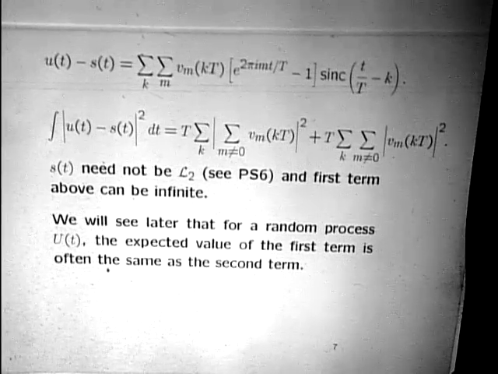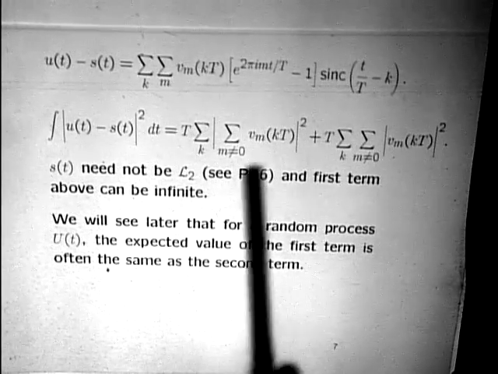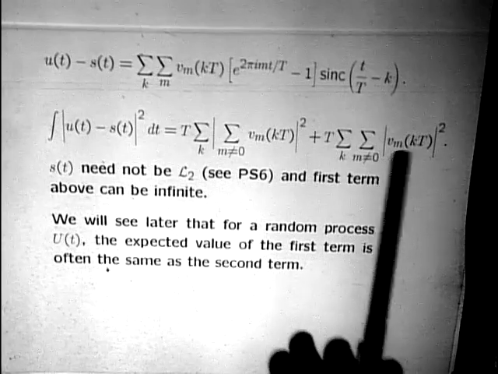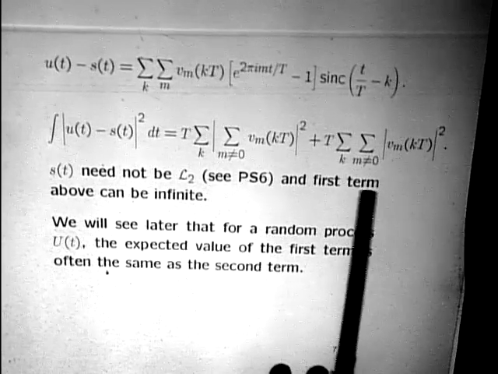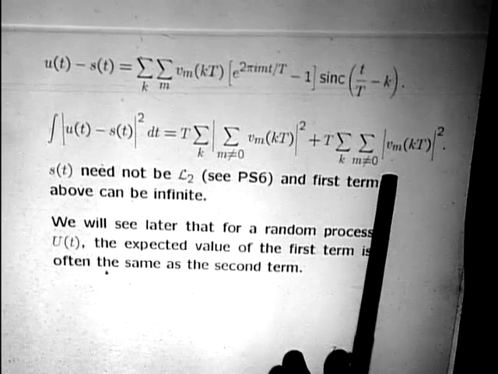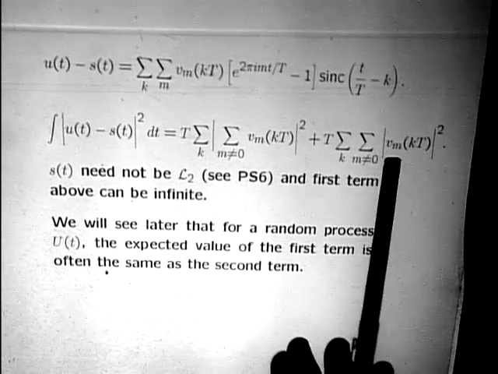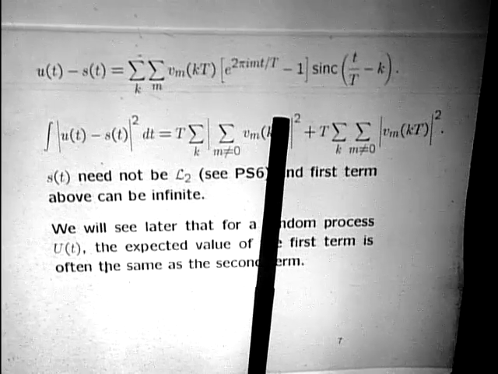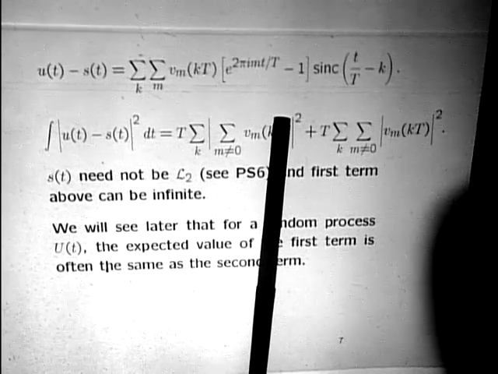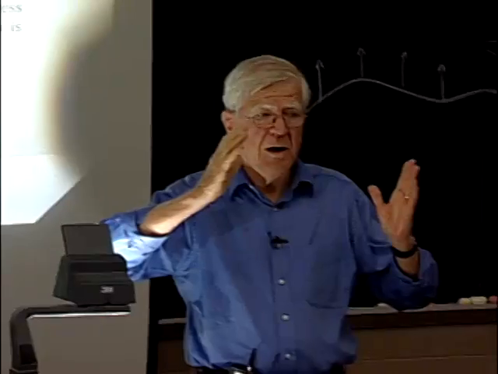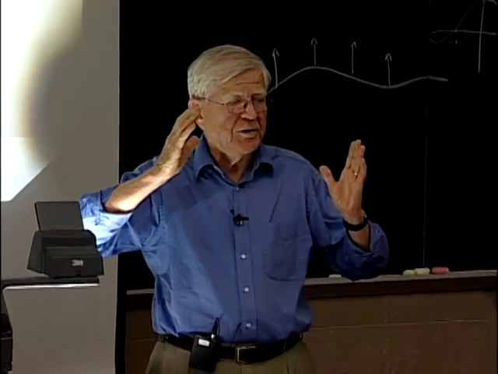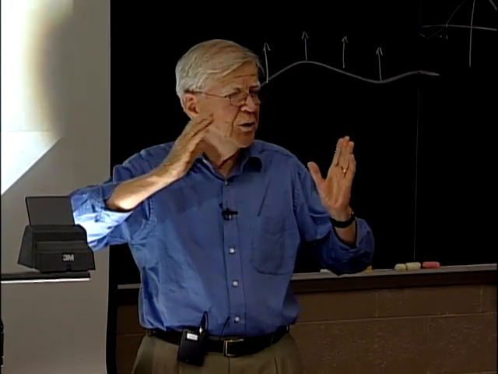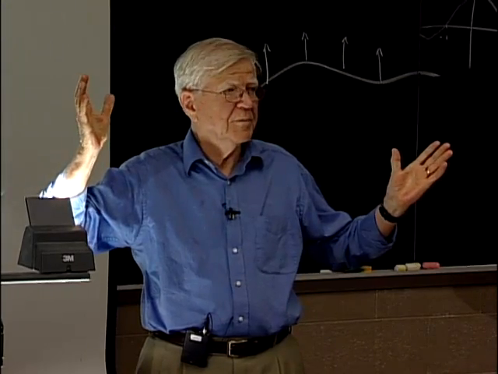Now, we can understand something more about these two terms. The term here is what you get. Namely, these are the parts of u of t which are outside of the frequency range from minus W to W. A reasonable alternative to simply sampling this function would be to filter the function first.